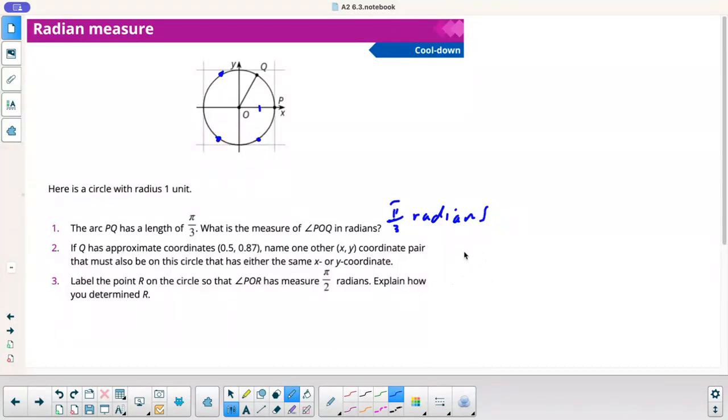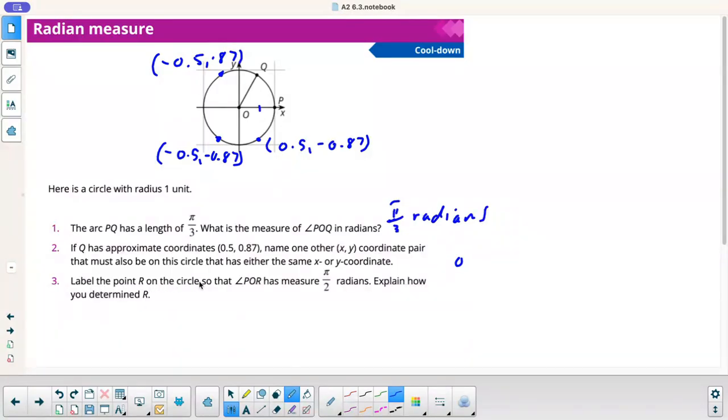So you really have 3 options. This one here would be still 0.5, but now it's negative 0.87. They're both negative. This one, just the x coordinate is negative.